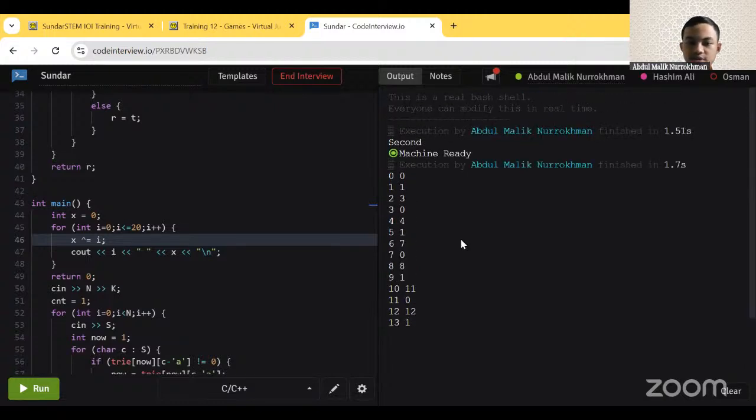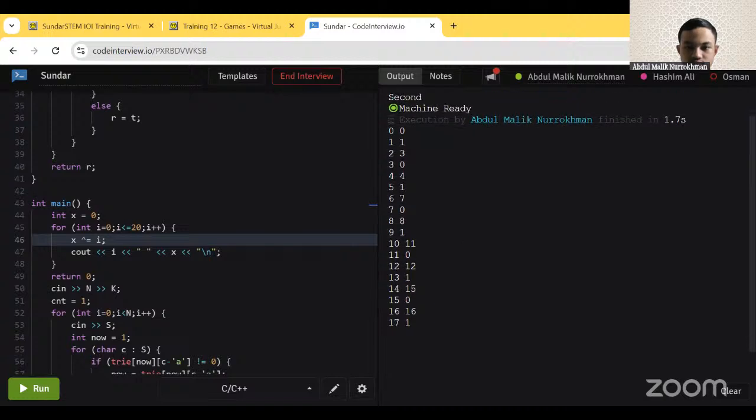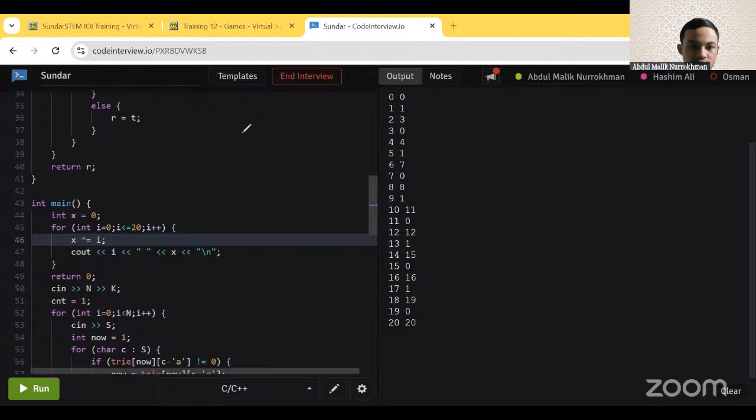Then can we see the pattern? And the pattern is just like what Abdullah wrote in the chat. There is a pattern with size 4. If x is a multiple of 4, then the result is just x. Is it correct?